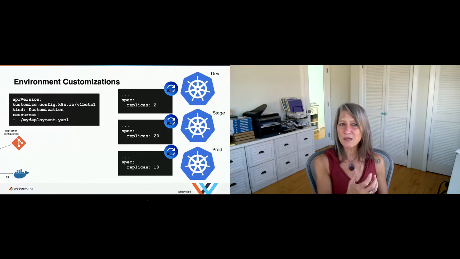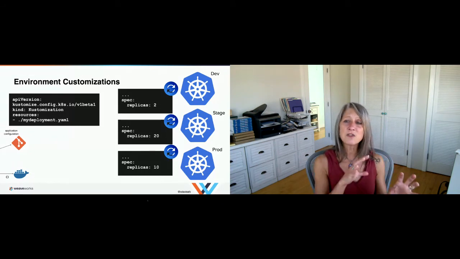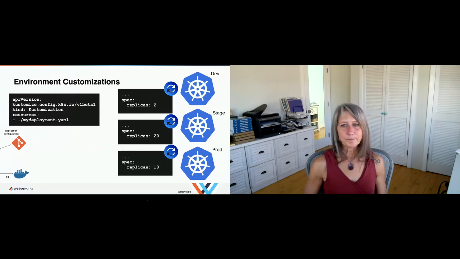So we take the base configuration, we specialize it, and then deploy it into the appropriate runtime environment. Okay, so you can see these are all elements of continuous delivery. So that continuous delivery process is, again, reconciliation based.